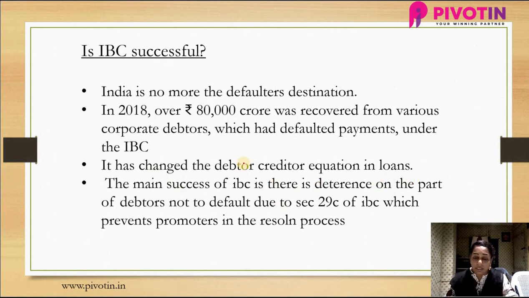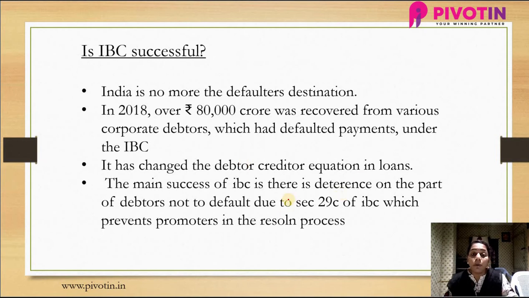Before, the debtor in fact had all the power, because the person who gets the loan can do anything as the procedures are so long. He'll get the loan, he'll default, and he may escape also. But now this is not the case. Within a particular time, the entire process will be completed.